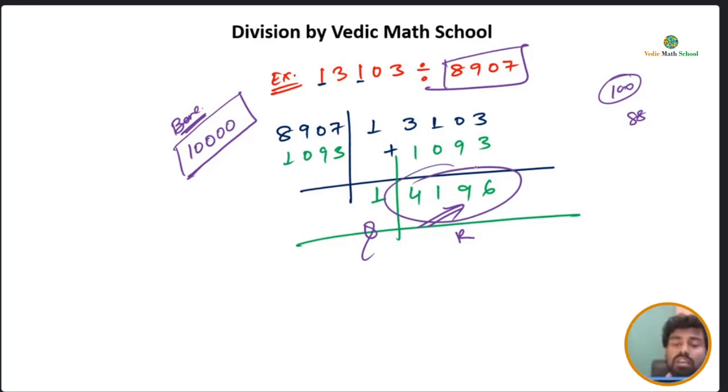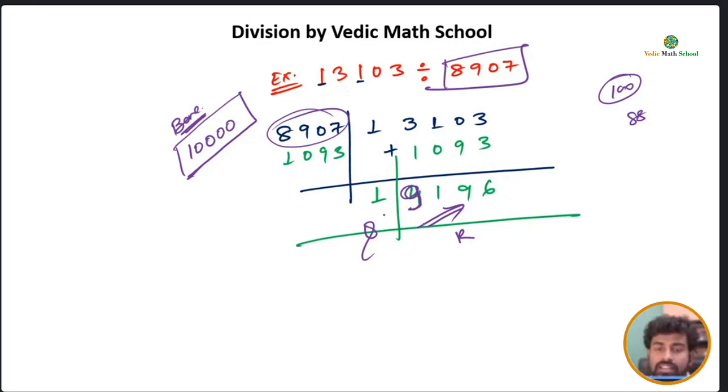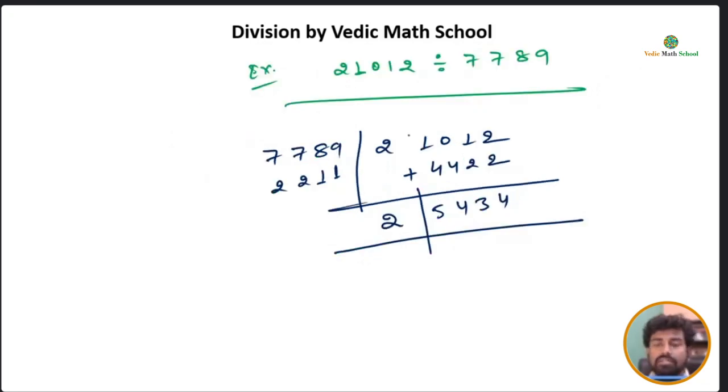Yes, और देखो यहाँ पे ये चेक करना मत भूलना, 4196 is less than 8907, so we have to make it the right remainder. अगर ये होता 9196, is it the right remainder? No, sir. We will subtract, so it will become 2 and the remaining value will be next.